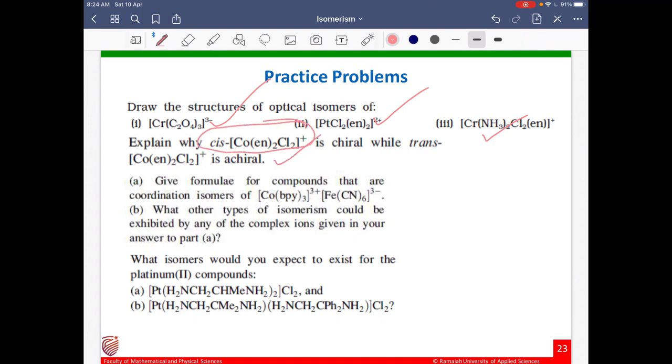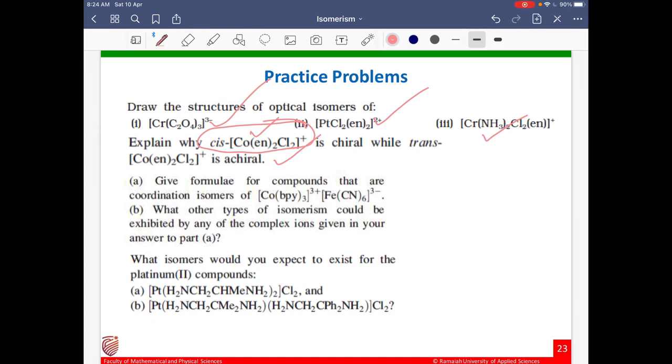We have to draw the structure, then see whether there is any superimposable mirror image for this structure. If a non-superimposable mirror image is there, then definitely it will show optical activity. If the mirror image is superimposing, then it will not show any enantiomer and it will be optically inactive.